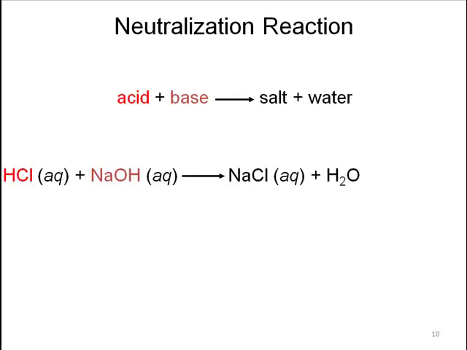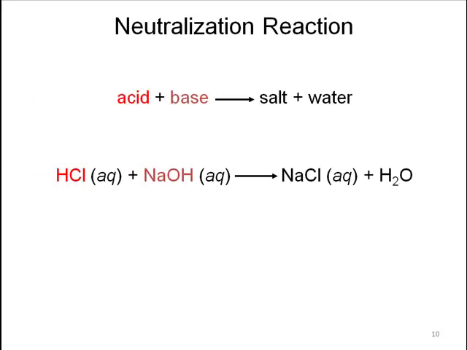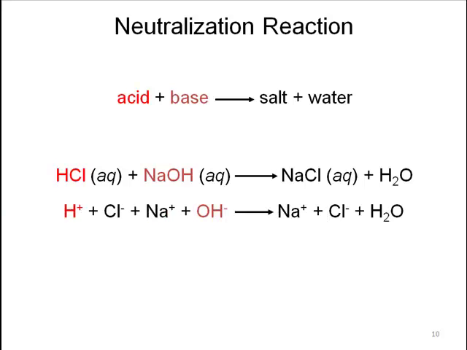Neutralization reactions here. You have the acid and the base added together to make the salt and water. If you think of the water as HOH, this is just a double replacement reaction, just like the precipitation reactions you were doing today and yesterday. So if you think of it this way, H plus Cl, Na plus OH.